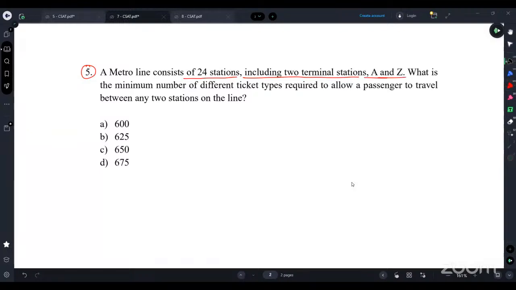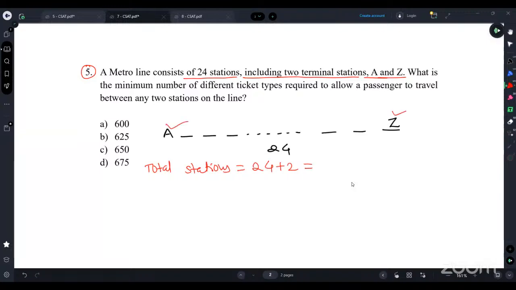Let's say your metro line is starting from A, then you have stations in between, and the last station is Z. So basically, how many total stations do you have? These A and Z and 24, so basically 24 plus 2, counting A and Z, it will be total 26 stations, right?